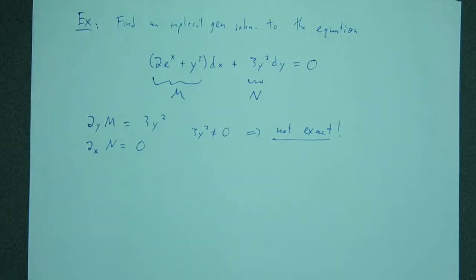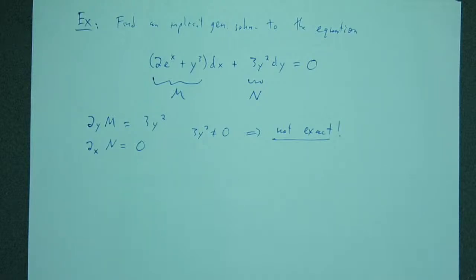Now, what if you didn't check this exactness condition and just went on your merry way trying to do what we had done before? It'd be impossible. You would get to some algebraic statement and start going in circles.